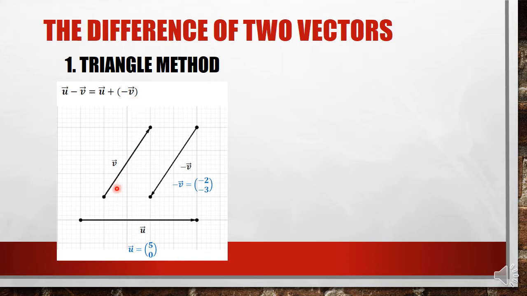So let's just say that I have vector u, and this is vector v. If you want to subtract, it's just add with negative vector v. Negative vector v means the same length as vector v, but the opposite direction, like this one.